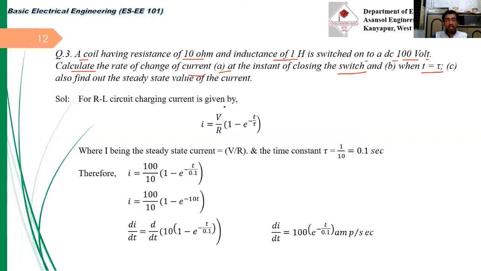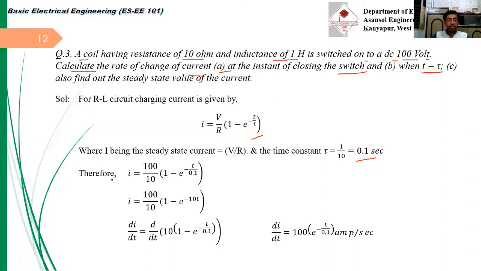For the RL circuit, the charging current formula we already know, and for steady state, the current value is V by R, and time constant tau means L by R. L value is 1 Henry, R value is 10 ohm.